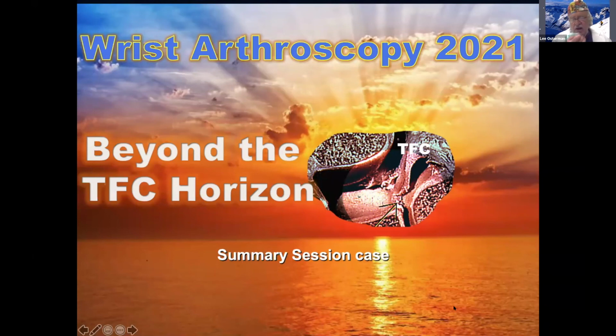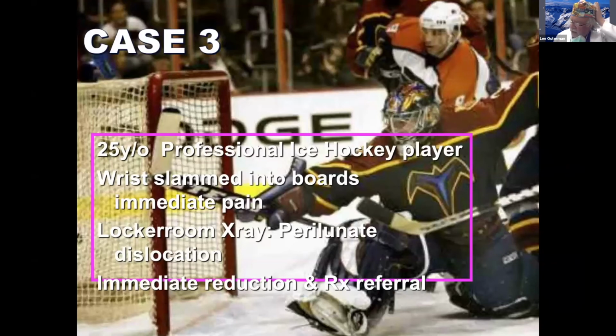What I thought I'd do is hit one topic that we didn't talk on, but one which I think is changing my paradigm for carpal injuries. The case I'm going to present is a 25-year-old professional hockey player, who plays for the Flyers, who I think just got eliminated, but not this year.